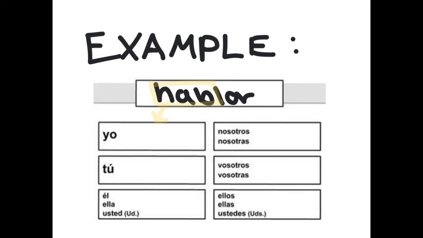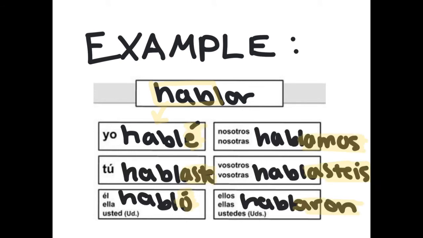So for the yo form, I would write H-A-B-L, right? And then I'd put the ending for the yo form. And as we just went over, it's E with an accent. So it'd be yo hablé. That's how I'd say I talked. And then we do that same step for the rest of the subject pronouns.